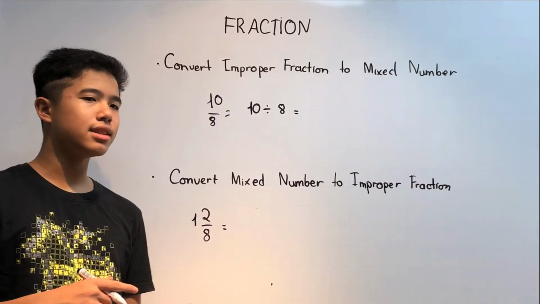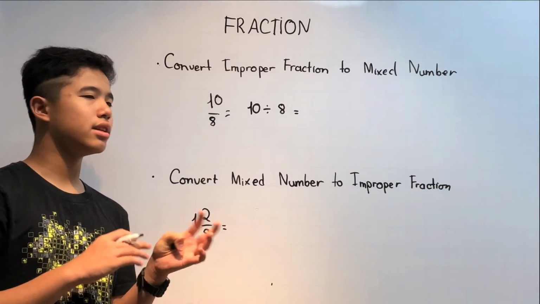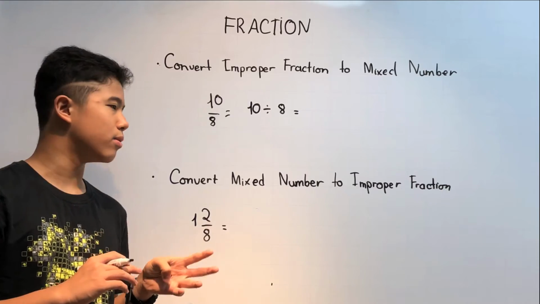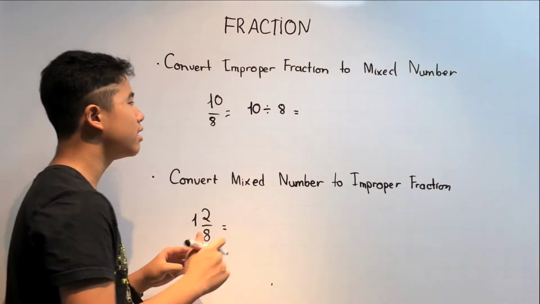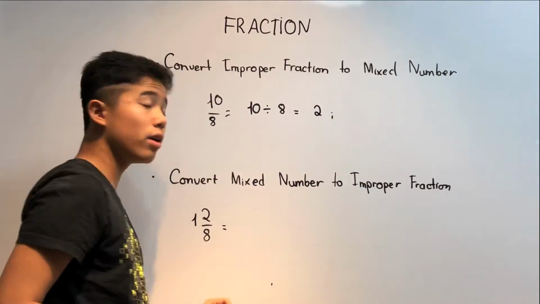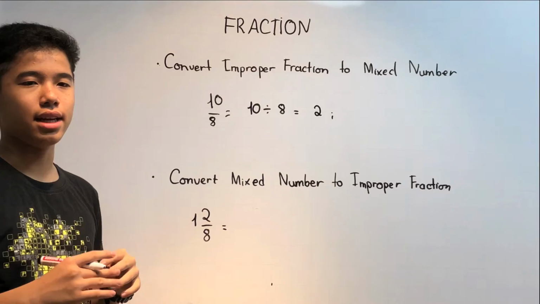Let's take 10 divided by 8. 8 goes into 10 once. So 10 minus 8 is 2. So we take the remainder, 2, and put it as the numerator and 8 as the denominator.